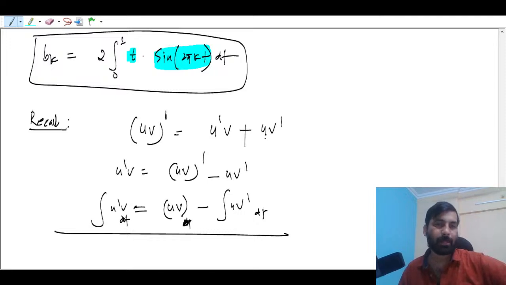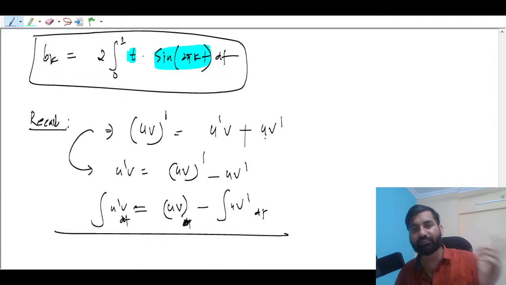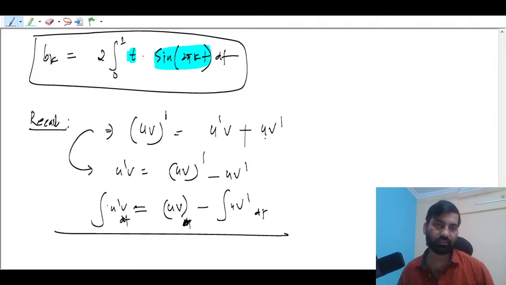So from the product of the derivatives, we are able to get the result here. Now consider u dash. So u dash is this, right? You can take u dash as t times sine 2 pi kt.